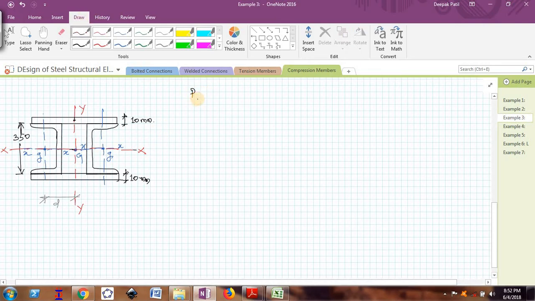So I will write once again the same formula to find the design axial capacity, that is PD is equal to FCD into A. Now A will change here because I have added two extra plates. 10730 is the cross section area of two channels together plus 2 times, because two plates are there, 400 multiplied by 10.